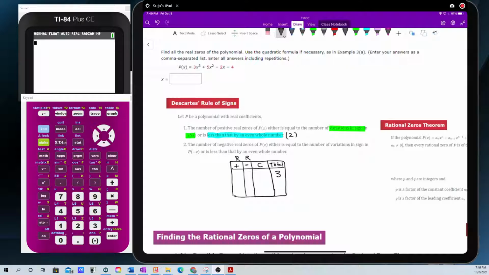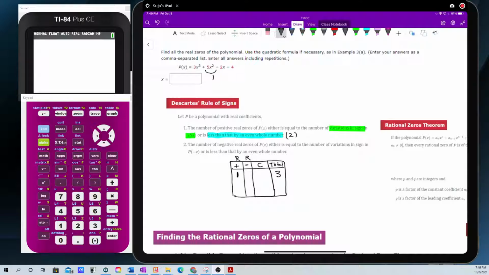Okay, so Descartes' rule says that the number of positive zeros could be equal to the variations in the sign change of this function. Here there is only one sign change, because the first term is positive, the second term is positive, but the third term is negative. So that's a prediction that there could be one real zero.